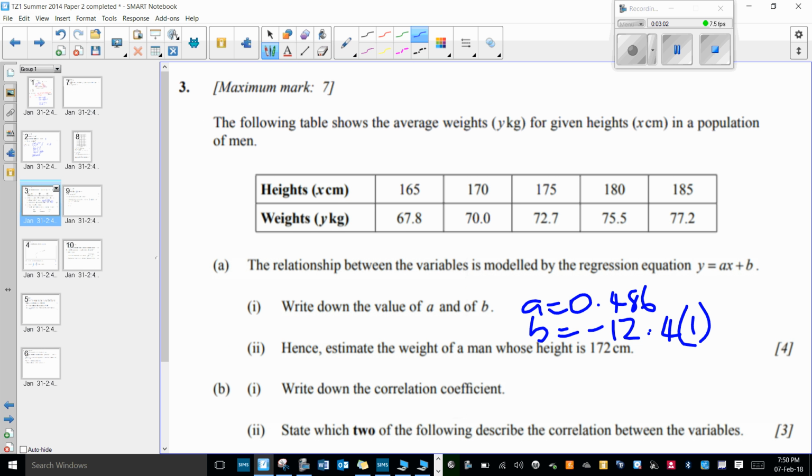Hence, estimate the weight of a man whose height is 172. Remember, a hence statement means that we have to use this information here. So what we've just established is that the rule is y equals 0.486 times x minus 12.4 or 12.41. So what we're going to do is substitute this value of 172 in place of my x.